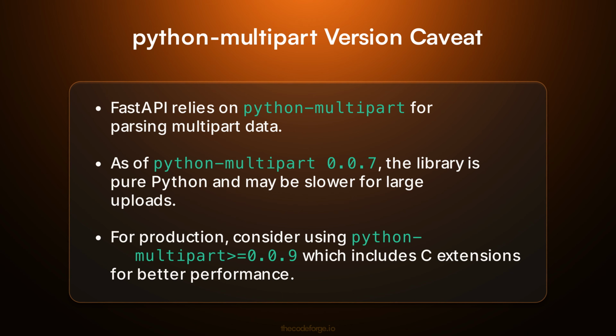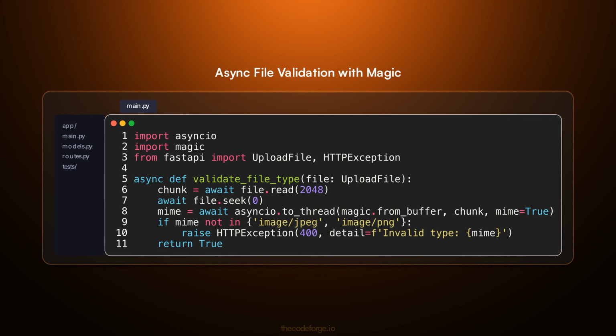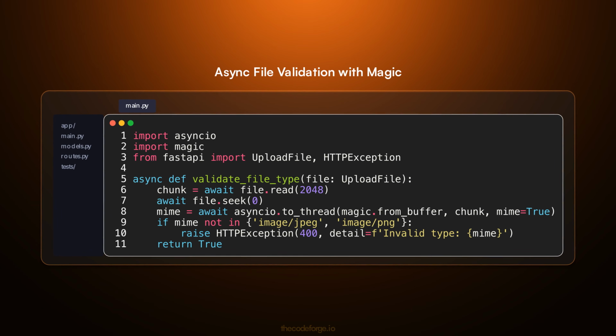For production, consider using python-multipart >= 0.9, which includes C extensions for better performance. The article mentions python-magic, but doesn't show an async-friendly version. Use asyncio.to_thread to avoid blocking the event loop when calling magic.from_buffer.